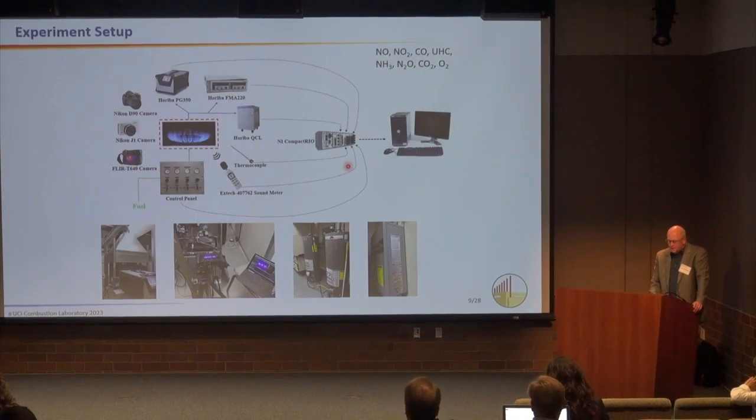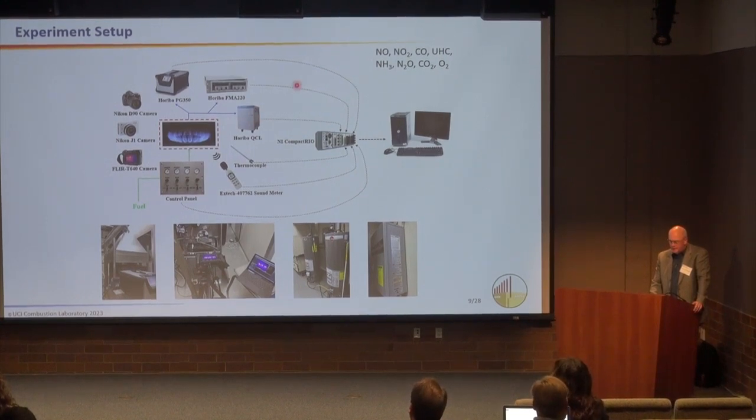Okay, so we had a study that was done under support from the California Energy Commission and others, where we basically measured all sorts of performance factors for all of these different appliances. The thing we were quite focused on was the operability and performance of the devices, but also the pollutant emissions.